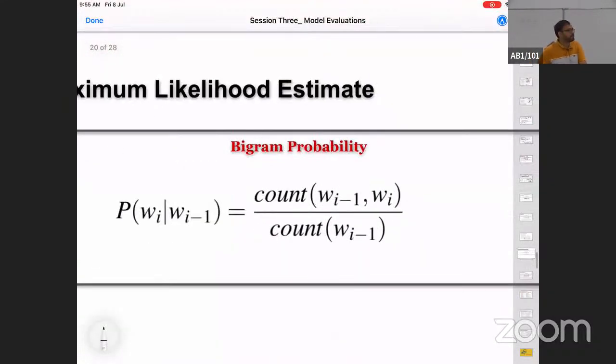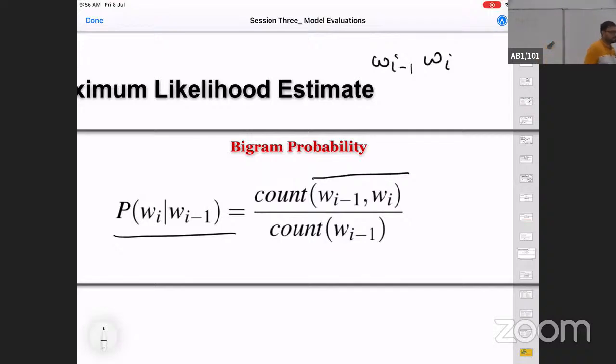This is how you are going to compute this bigram probability. So what does it say? Probability of wi given wi minus 1 is equal to the count of how many times this bigram has appeared in my data. So what is my data? Maybe you can download this entire Wikipedia data.